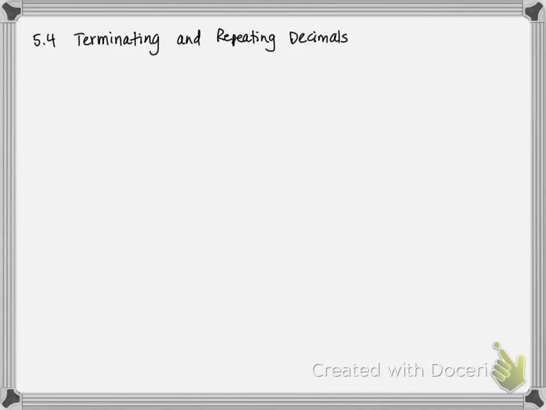So first I'm going to go back to a word that is super important. We've talked about it several times, and that's a rational number. It's going to lead to the next thing we'll talk about in this chapter. So a rational number starts with the word ratio.